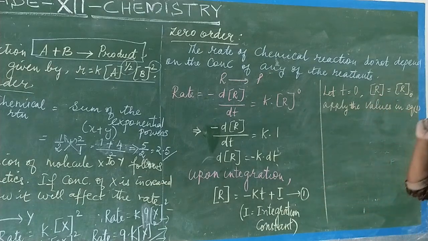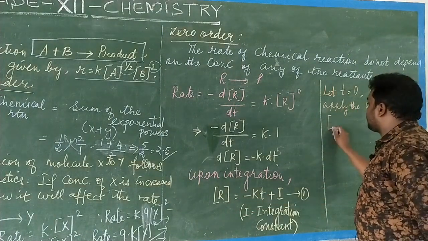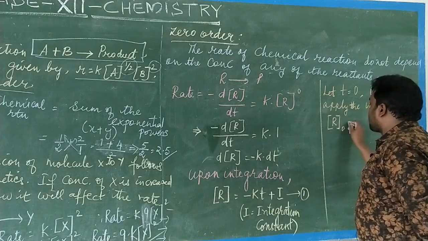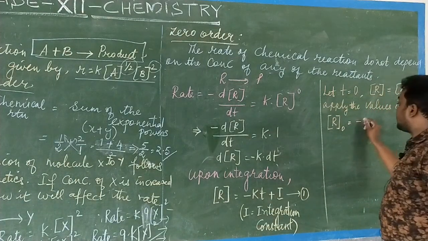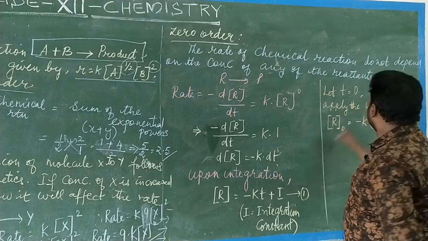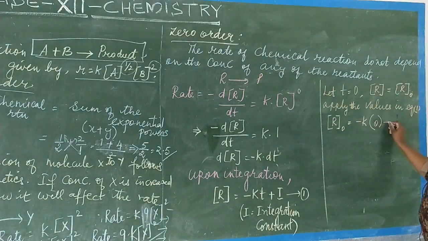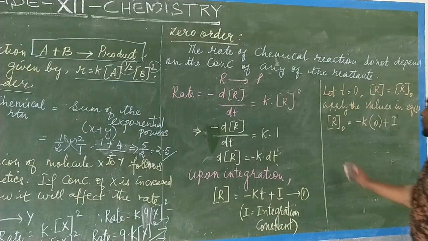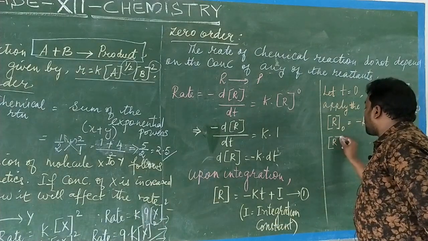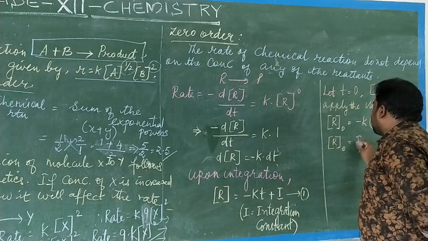So concentration of R naught will be equal to minus K into 0 plus I, which means concentration of R naught is equal to I.